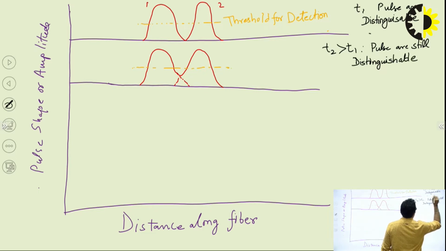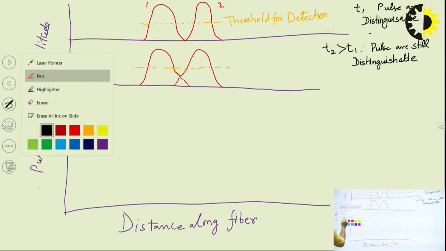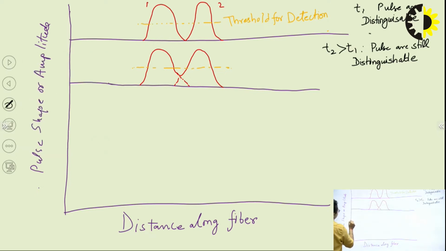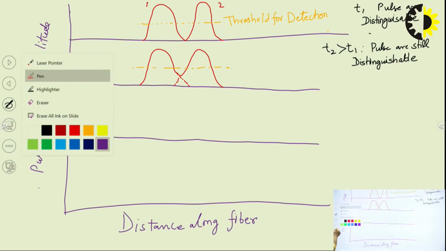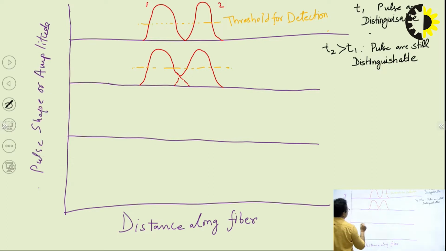Now the third case that we will consider is where the phenomenon of dispersion is now surpassing the strength of the signal. Let's see it with the help of this figure.